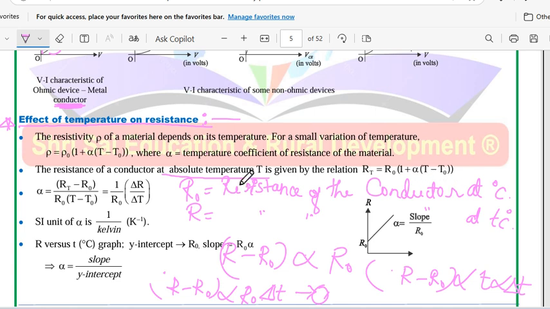Here rho is the resistivity of the material, which depends on its temperature. For a small variation of temperature, rho is equal to rho naught into 1 plus alpha into T minus T naught, where alpha is the temperature coefficient of the resistance.